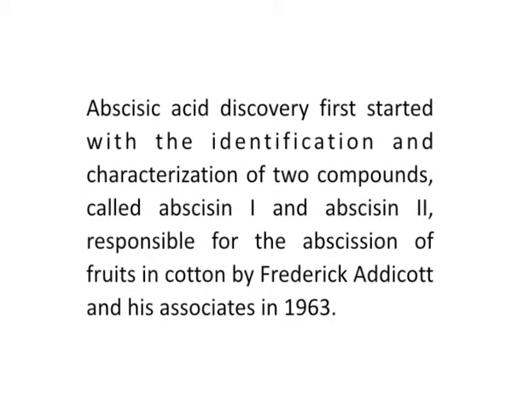Abscisic acid discovery first started with the identification and characterization of two compounds called abscissin 1 and abscissin 2, responsible for the abscission of fruits in cotton by Frederick Endicott and his associates in 1963.